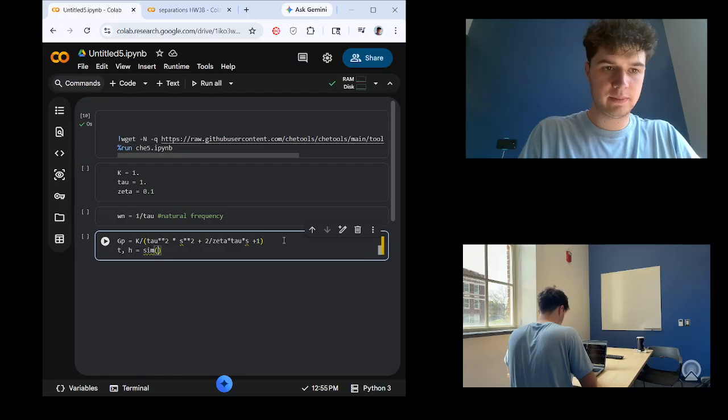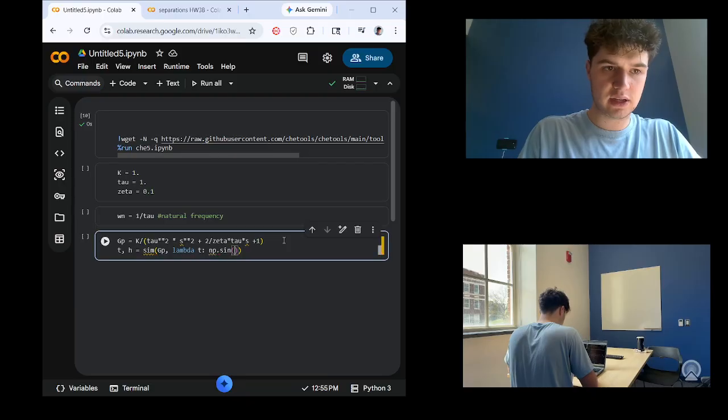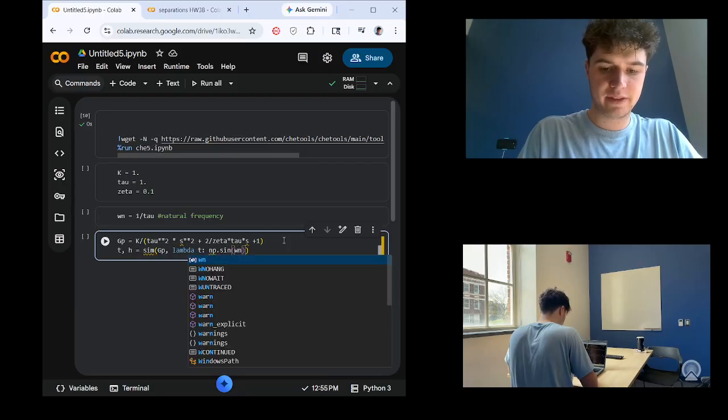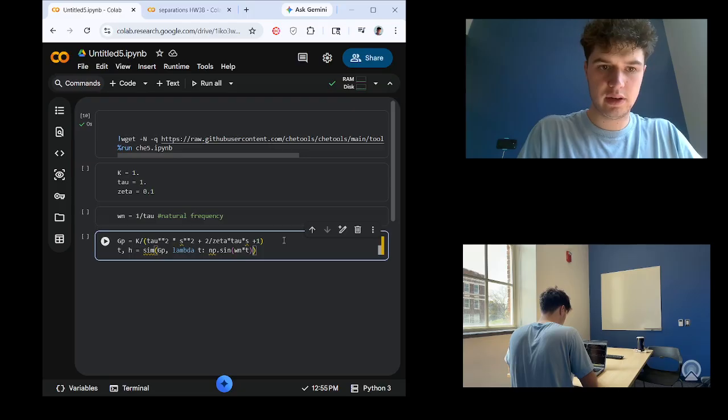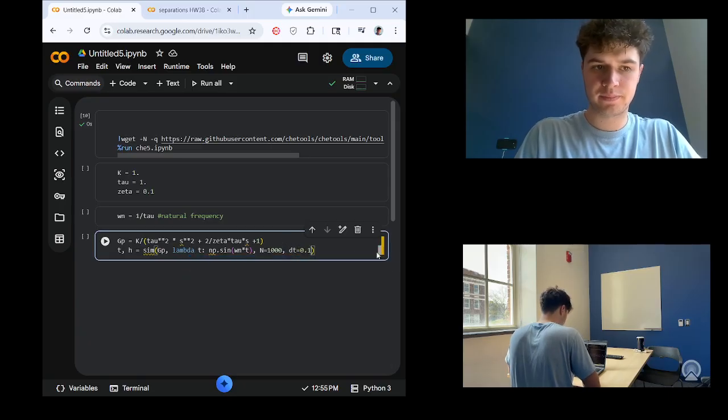And those are going to be a sim of GP. As you can tell, this is very similar to what we coded in the last part. T colon np dot sin WN times T. And then we have N equals 1,000 and DT equals 0.1.